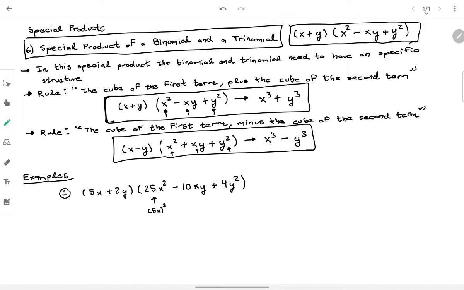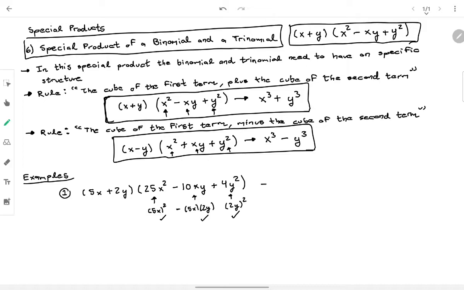Yes, it's the square of the first one. This one must be minus the product of the first one multiplied by the second one. So yes, it is minus 10xy. And this one must be the square of the second one. So of course, all of them apply.